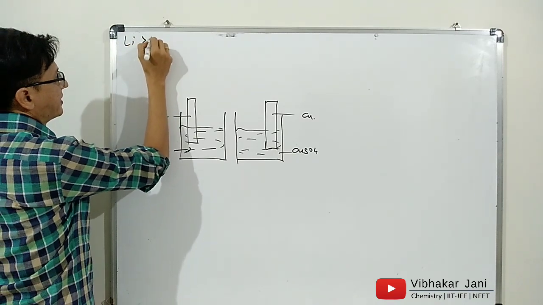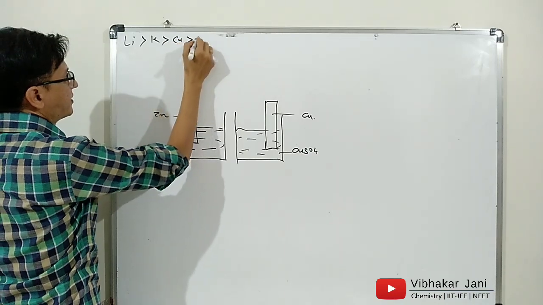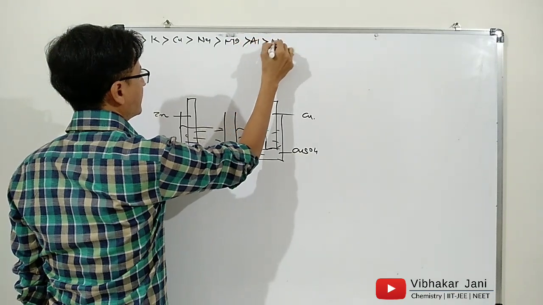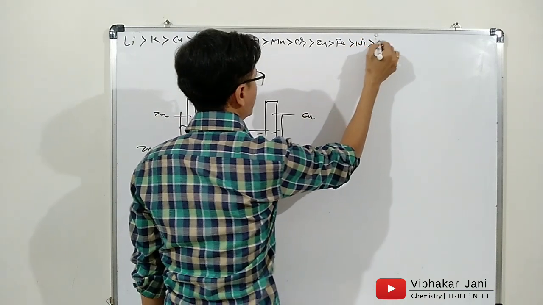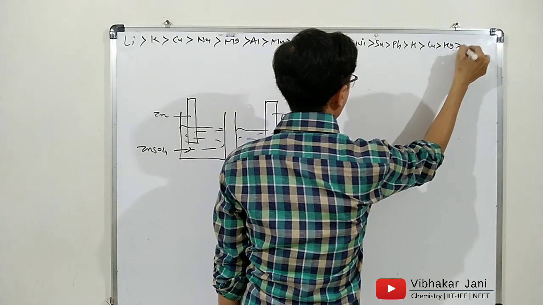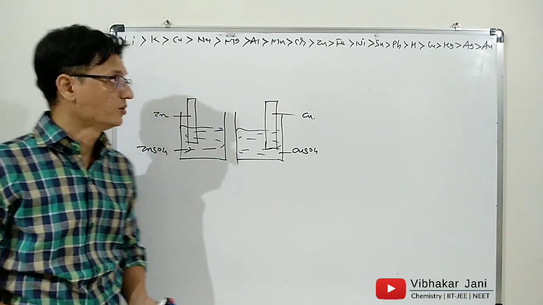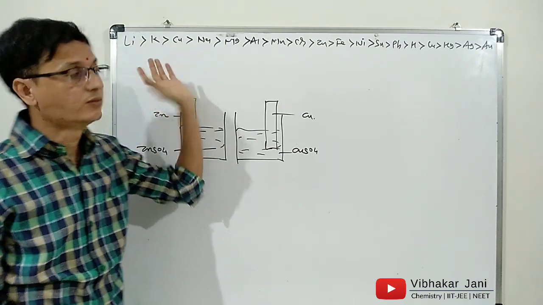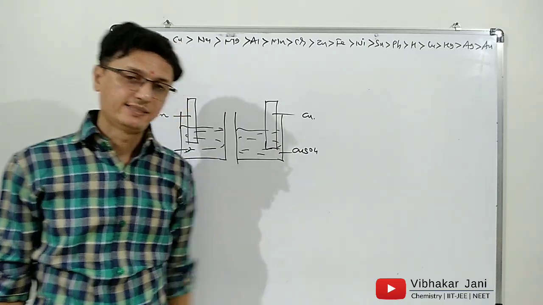Lithium, potassium, calcium, sodium, Mg, Al, Mn, Cr, Zn, Fe, Ni, Sn, Pb, H, Cu, Hg, Ag, and Au. This is the reactivity series of metals, and we know that the metals situated to the left are most reactive, while the metals situated towards the right are comparatively less reactive.